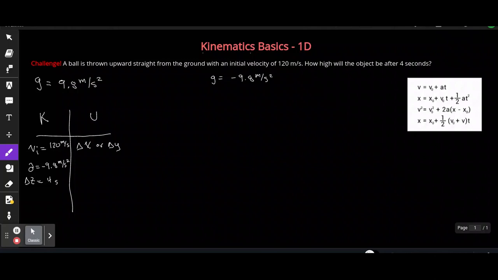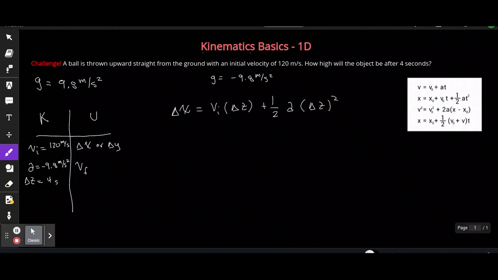We don't know our displacement and we don't know our final velocity, so we need to use an equation without final velocity in order to figure out our displacement. It looks like our second equation is going to be the best. Our second equation tells us that displacement is equal to our initial velocity times our elapsed time plus 1/2 our acceleration times elapsed time squared.